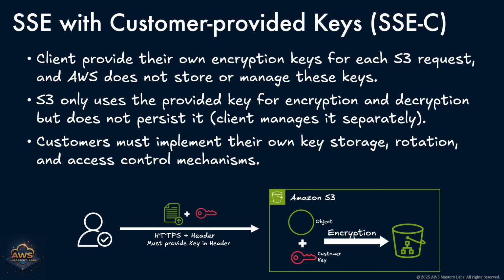This triggers automatic encryption of the object using the provided key as soon as it reaches the S3 bucket. SSE-C is best suited for highly regulated environments or use cases where organizations must retain absolute control over their encryption keys. However, it requires meticulous planning and secure key lifecycle management to be effective and reliable.